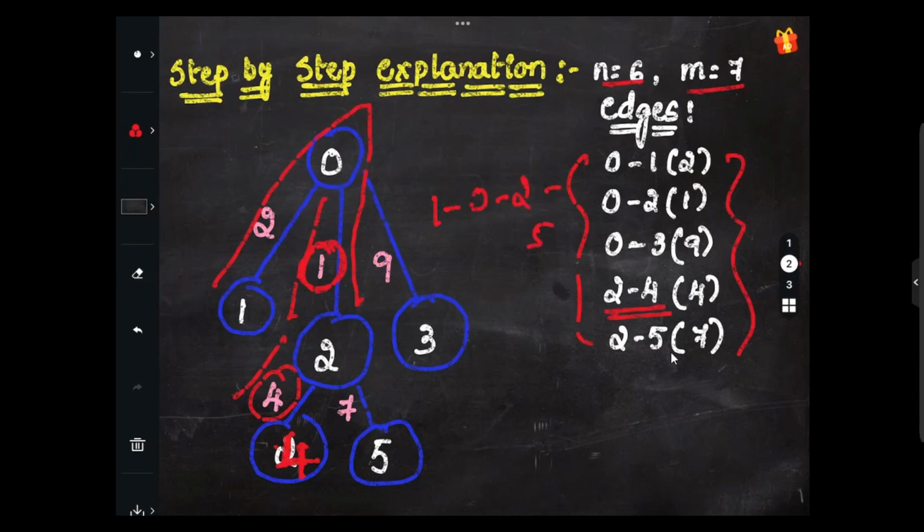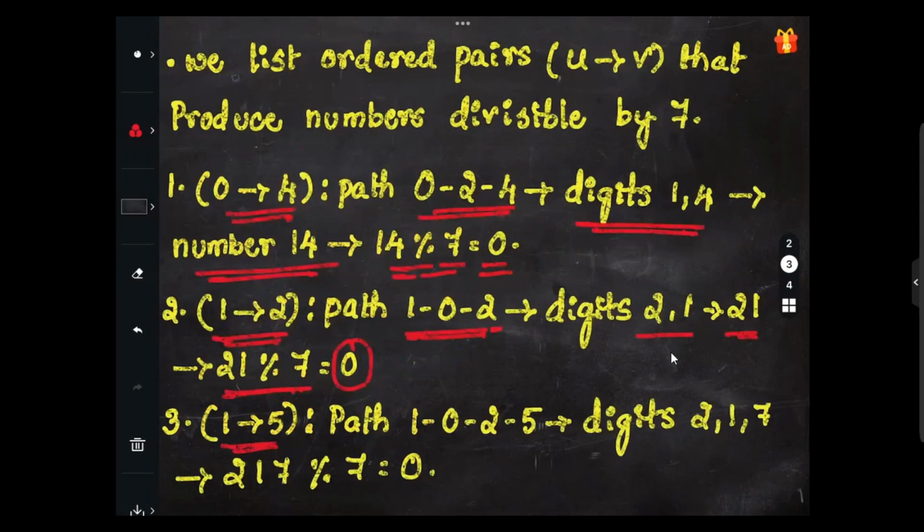So for 1 to 0 we have the value 2, for 0 to 2 we have the value 1, and for 2 to 5 we have the value 7. So this will be 217. 217 is divisible by 7, so again we get the remainder 0.